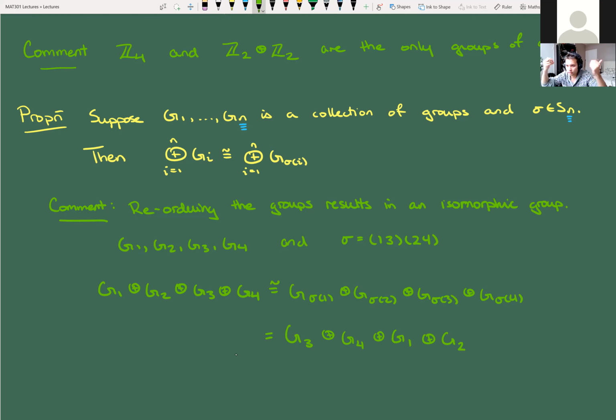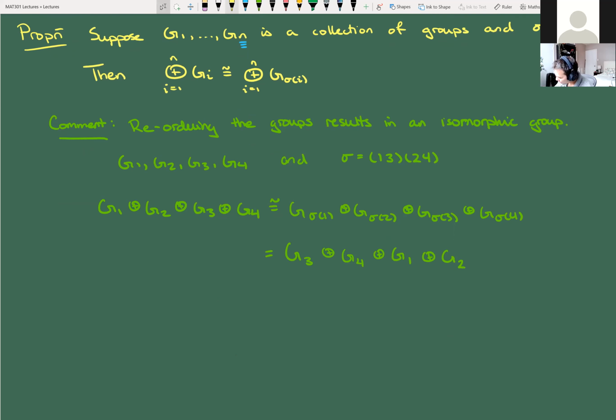They just play with each other, or they play with themselves. They don't interact with their neighbors at all. And so if you just formally move who's standing where, it doesn't matter. You get something that is fundamentally the same group. And so the proof of this is just do exactly what you think you should do, which is to define this map.